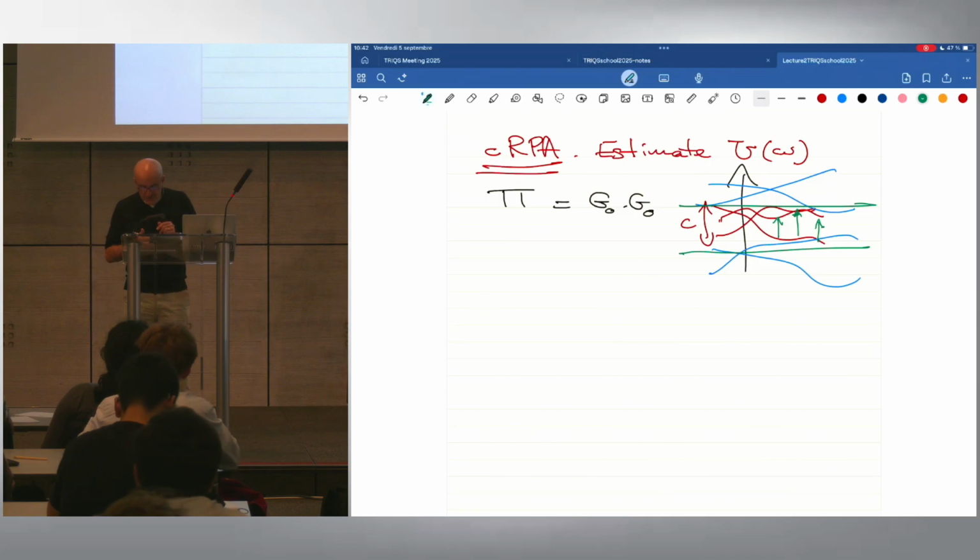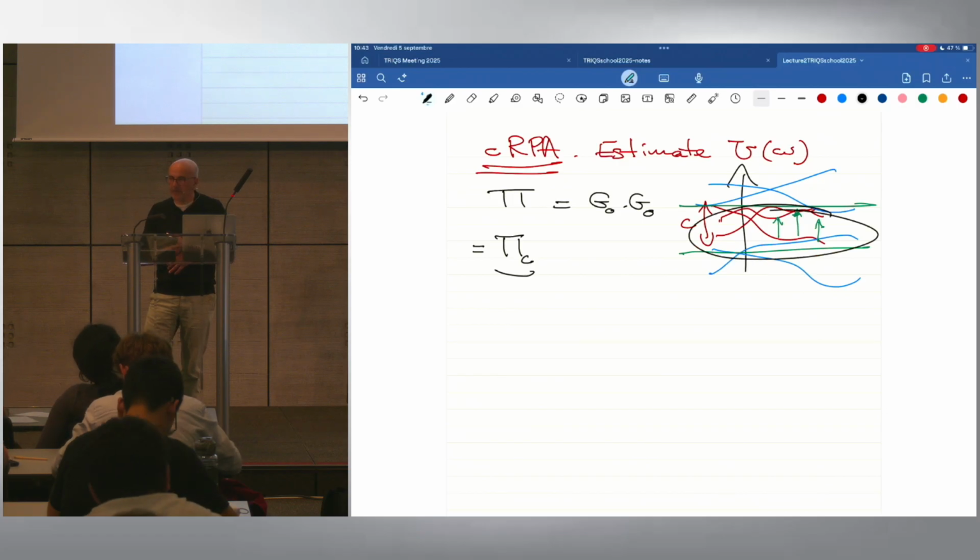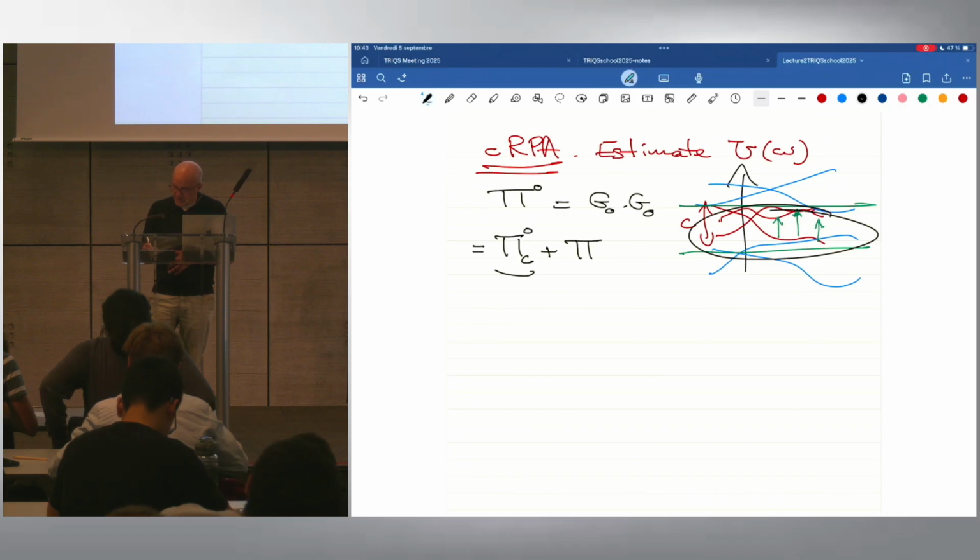So this leads to the idea of partitioning pi into a component corresponding to those kinds of transitions, let me call it pi correlated, plus pi naught of the rest of the system.